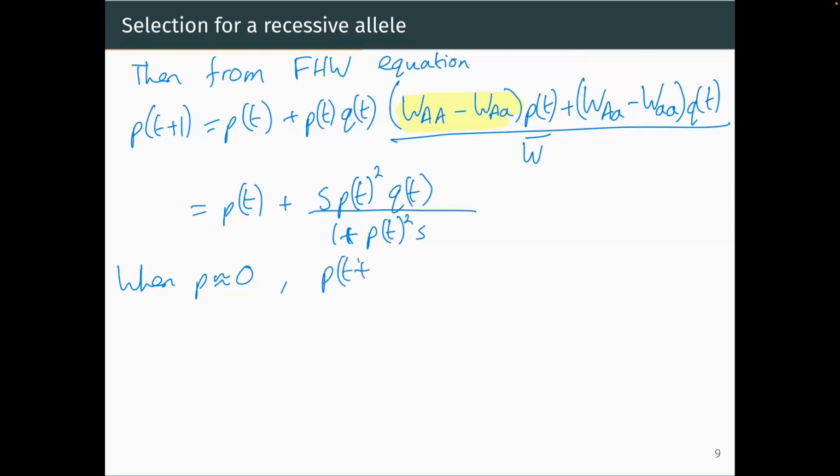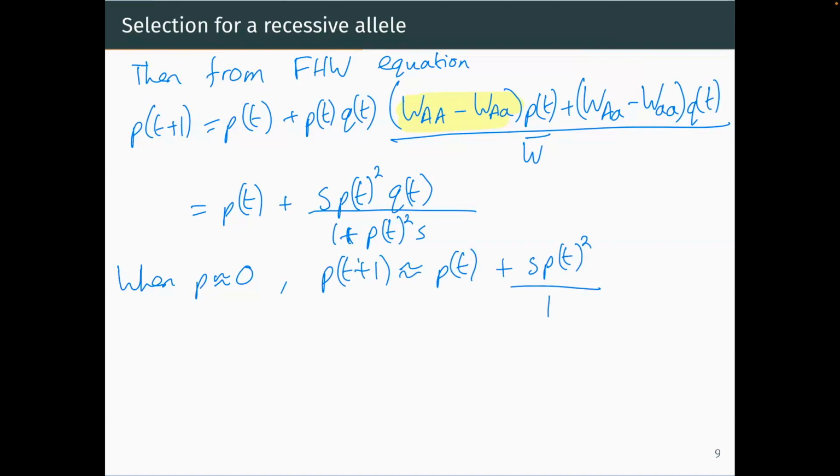P of t plus 1 is going to be approximately equal to P of t plus, well, on the top, just as we had before, our Q of t is going to be very close to 1 because P of t is very close to 0. So it's going to be approximately S times P of t squared. And then on the bottom, because P of t is very close to 0, 1 plus P of t squared times S is also going to be very close to 1, right?